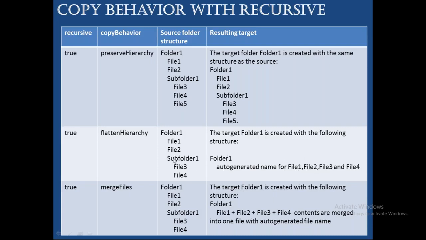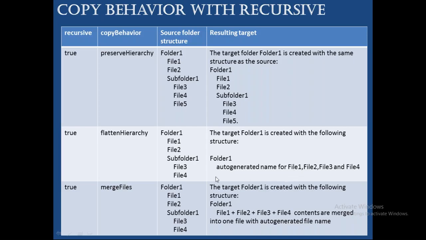There won't be any subfolder. Directly file 1, file 2, file 3, file 4 will be there in folder 1 with new names. Auto generated names will be given. It's not the same name. If you have a custom.csv here, it will not show as custom.csv. Names will be generated by your copy activity automatically.